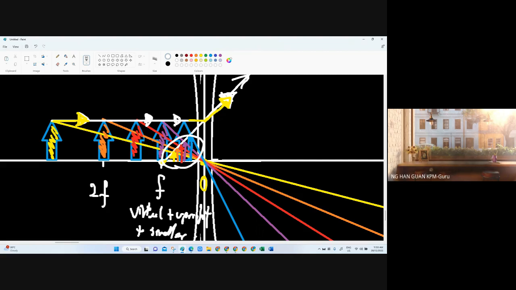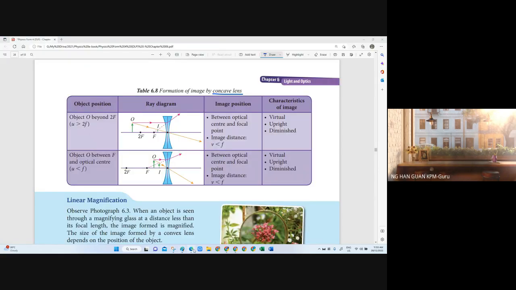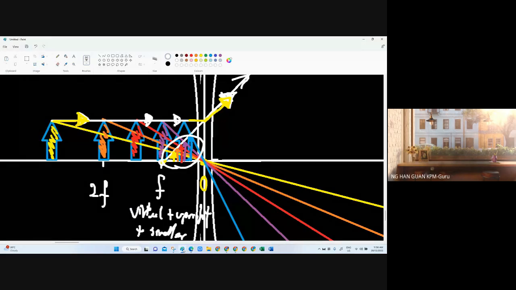Okay, so that's why it gives you only two light game, and always the same: virtual, upright, diminished. Regardless you're on the F or not, more than F, less than F, it will be the same. So this is what happens when you combine them all in the one light game.